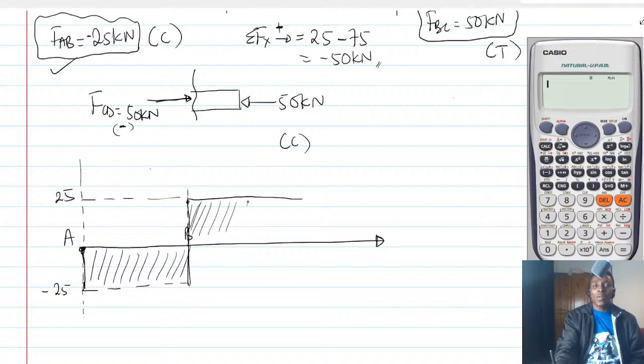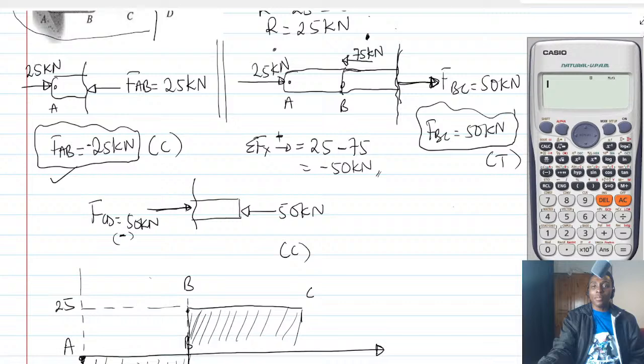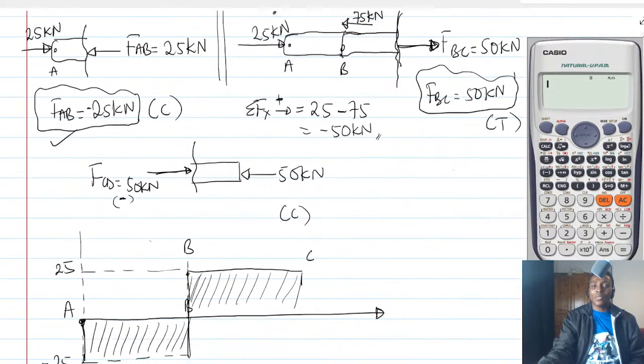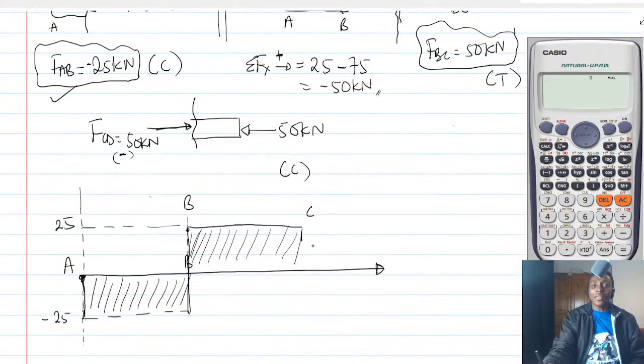until you came to, so this is B. And then at point C, you became negative again. But what is it? Minus 50. So it means that it came back to minus 50. Don't forget that this is 25. So it will come to 0 first. So this line is the 0 line. Before it comes to minus 25.